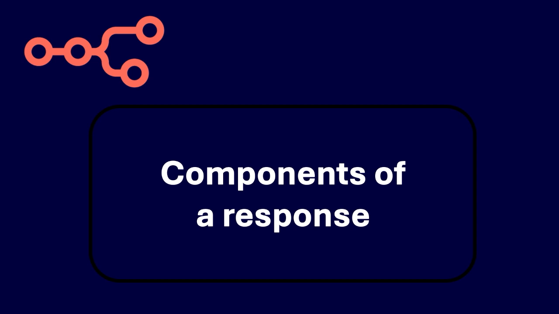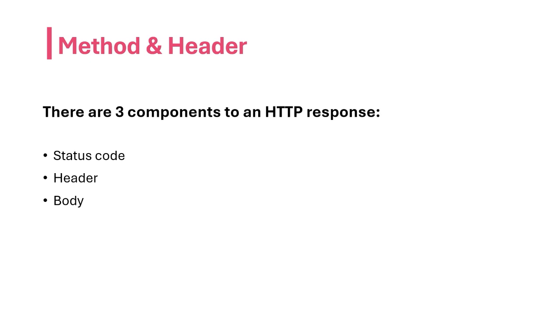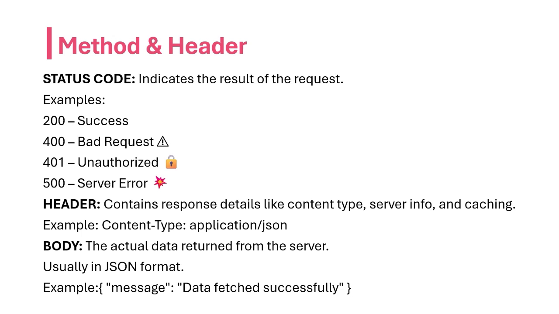Then comes our next part, that is components of a response. After sending a request, the server processes it and sends back a response with three main parts: status code, header, and body. First of all, we will understand what a status code is. It indicates the result of the request, whether it has succeeded or failed.